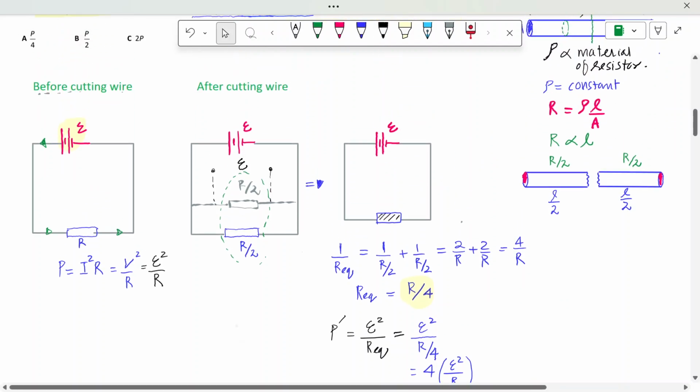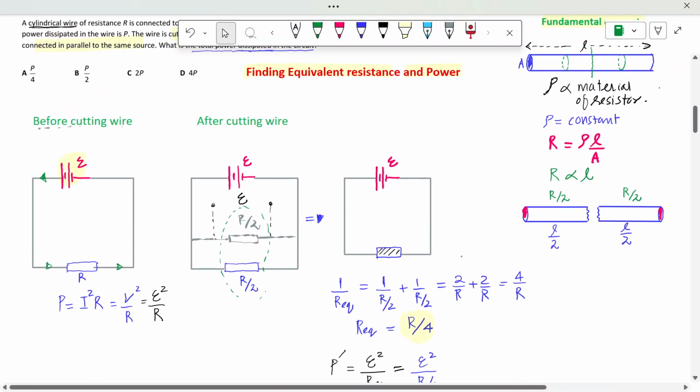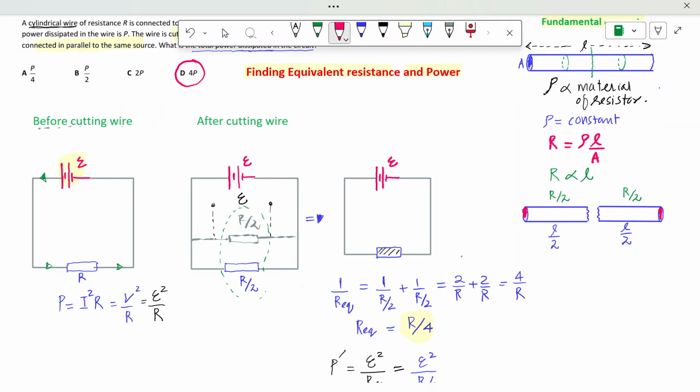So the power dissipated will be 4 times P, and this can be conceptually justified because you have seen that the resistance has reduced from R to R over 4. If the resistance is reduced from R to R over 4, the current of the circuit will increase from I to 4I.